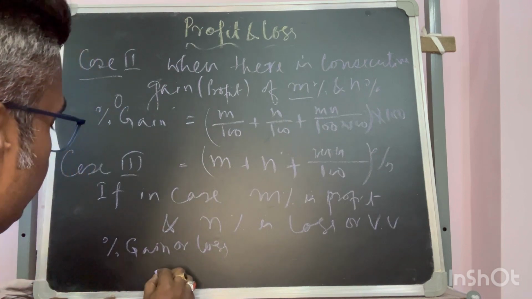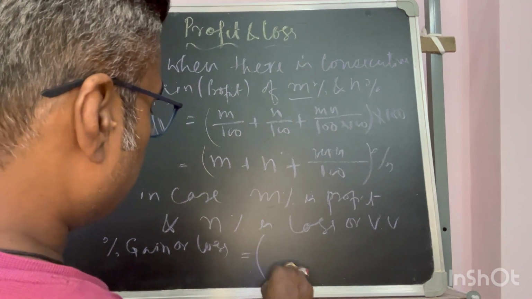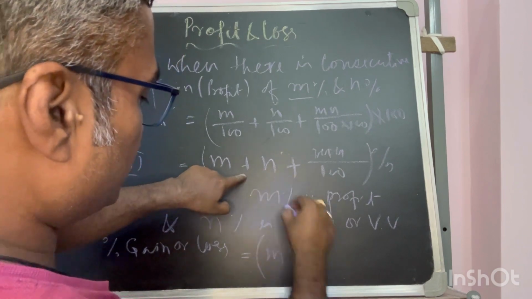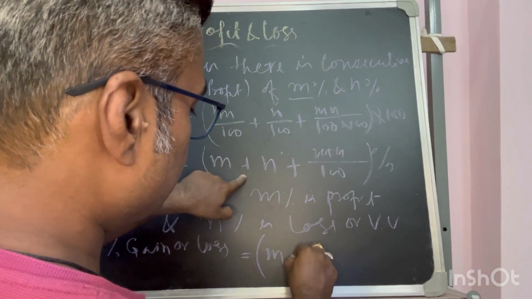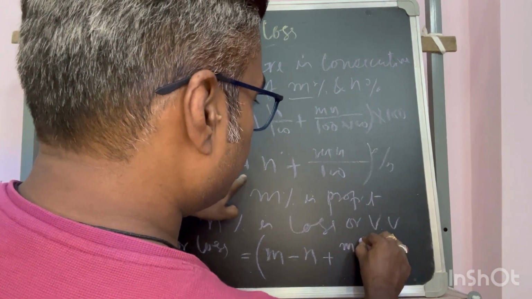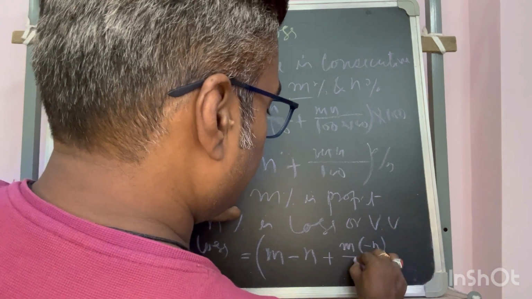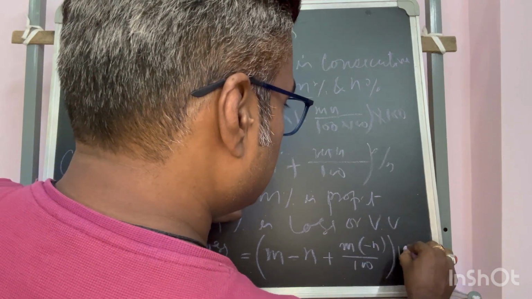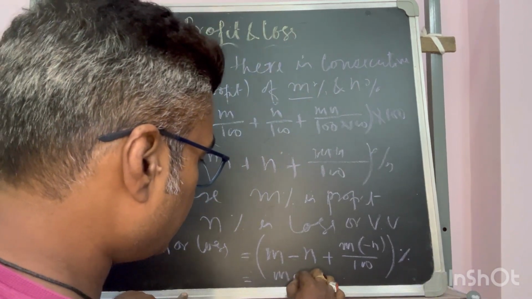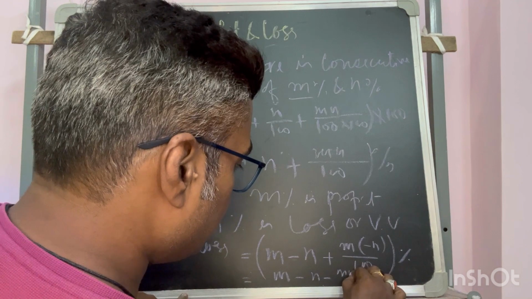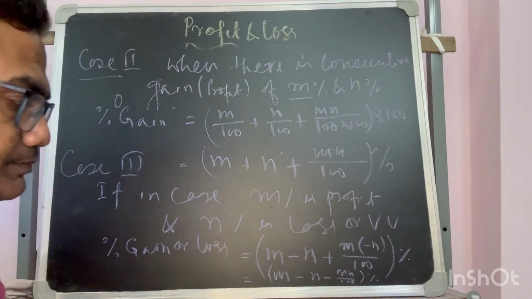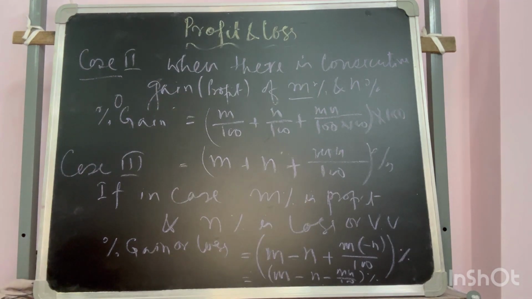In that case, the equation of profit or loss, as m is positive, will be m, and n is loss, so I have to represent it as minus n, plus m times minus n, divided by 100, that percentage. So ultimately this will become m minus n minus mn by 100 percentage. This is the ultimate equation.